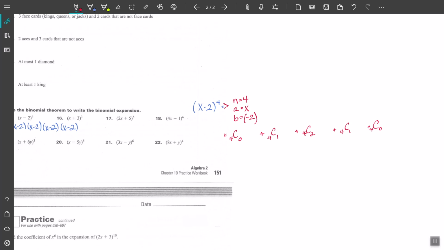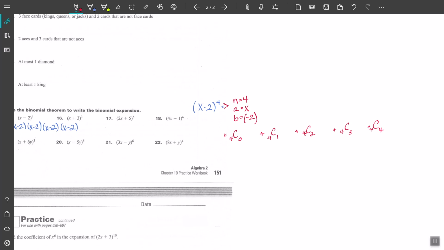Hang on, I started going the wrong direction with my numbers right here. I'm counting up 0, 1, 2. This should be a 3, and this should be a 4. So here I have 4 in the group, I'm going to select 3. Here I have 4 in the group, I'm going to select 4. When I find these factorials, I'm going to have my constant for the terms.